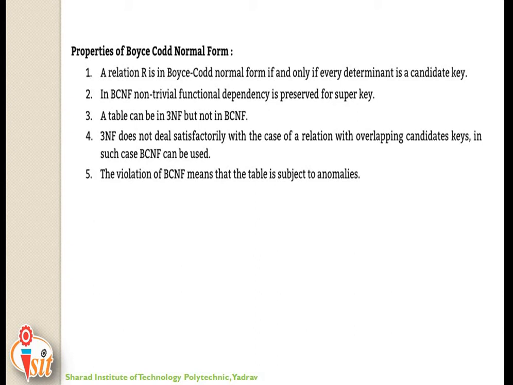Then a table can be in third normal form but not in BCNF. Next property is that third normal form does not deal satisfactorily with the case of a relation with overlapping candidate keys. In such a case BCNF can be used.